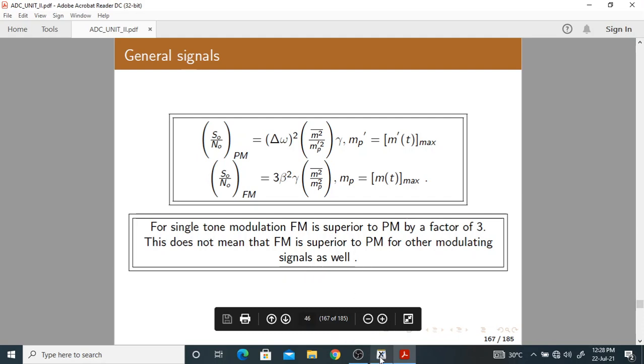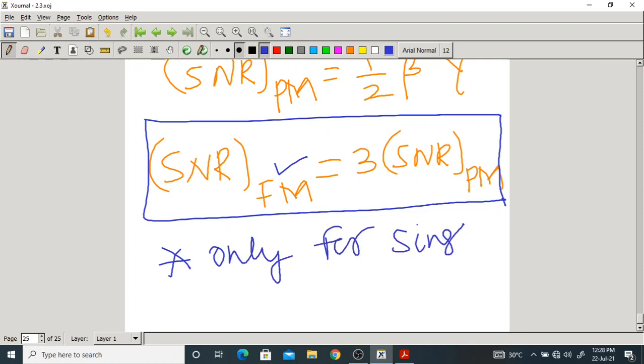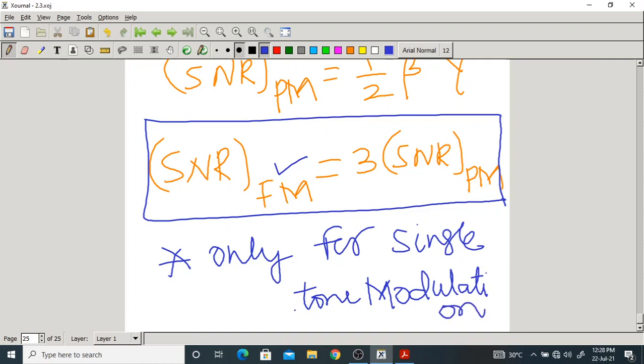This is only true for single tone signals, single tone modulation. It may not be true for other kinds of modulating signals. So please be careful.